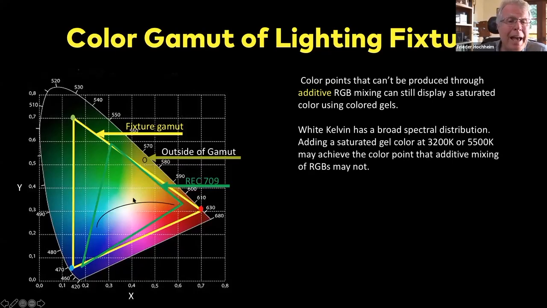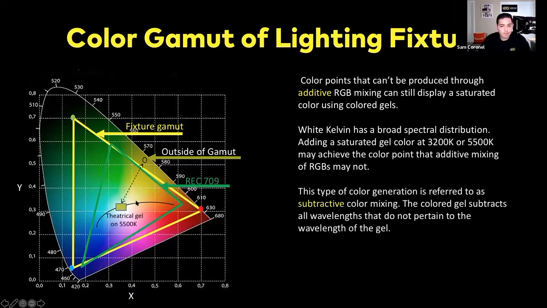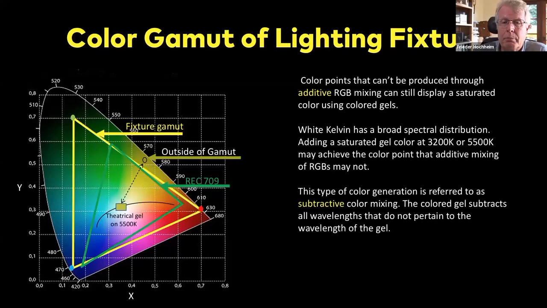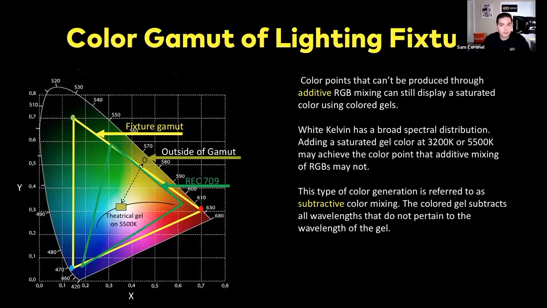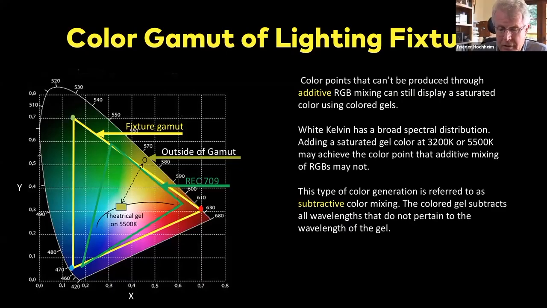Simply by adding a gel to this white spectrum, we can then reach that by getting outside of the gamut. And we call that kind of color generation subtractive.